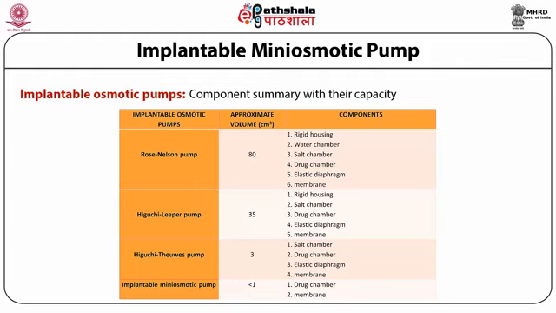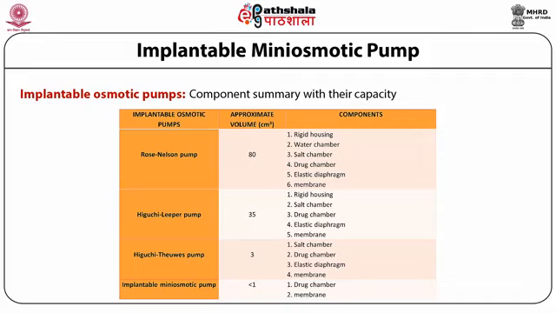The components of the Higuchi one are rigid housing, the same as we had earlier, salt chamber, drug chamber, elastic diaphragm, and membrane. The next one is the Higuchi Theeuwes pump model. Again here the volume is reduced to 3 centimeter cube, and it consists of salt chamber, drug chamber, elastic diaphragm, and membrane. The last and most advanced one is the implantable mini osmotic pump.